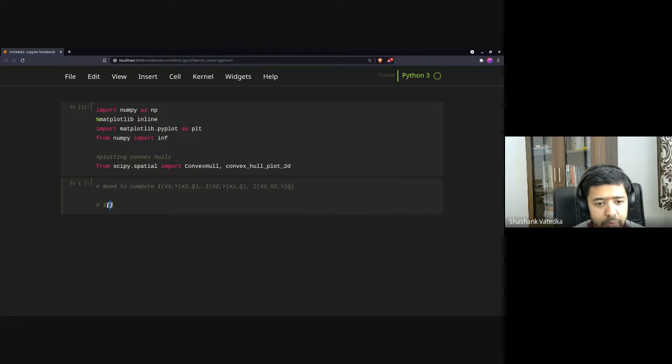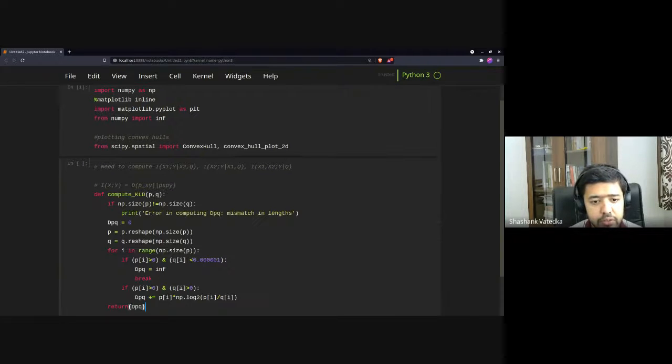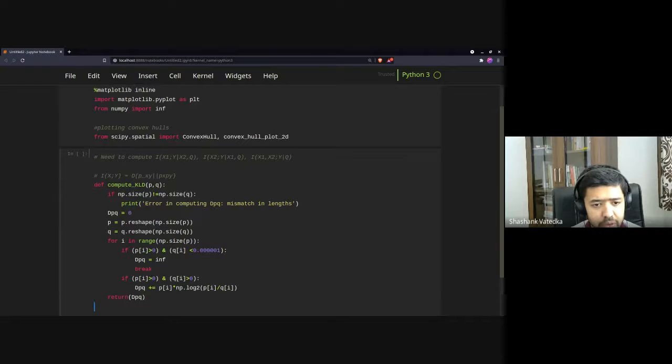The mutual information between X and Y is the KL divergence between P_XY and P_X P_Y, the KL divergence between the joint distribution and the product of the marginals. Here I just have a helper function which helps me compute the KL divergence between any two distributions. That is what this does.